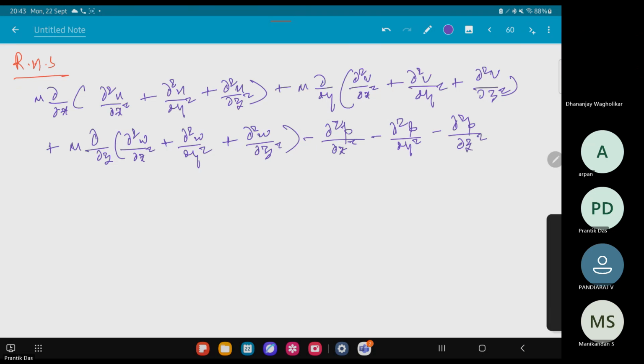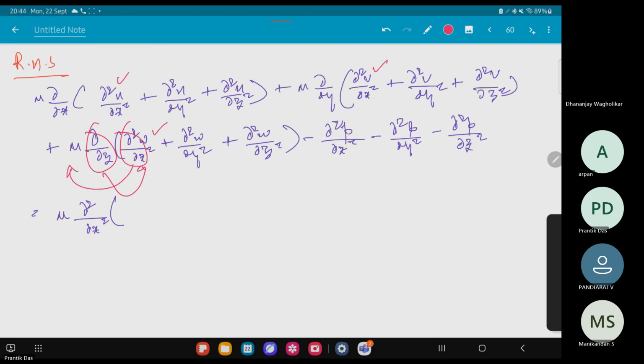equals mu of del square/del x square. If I take the common from it, that is the first term, this term, and this term, it comes out like d/dx. So what I'm doing is putting this outside and putting this inside. This can be done in case of partial differential equations.